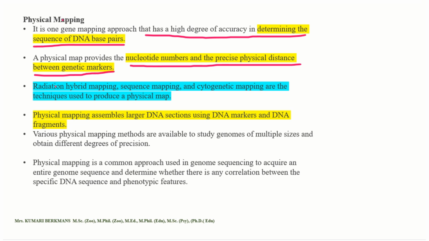Okay, and the radiation hybrid mapping, sequence mapping, and cytogenetic mapping are the techniques used to produce the physical map. So what are the techniques used to produce the physical map? Radiation hybrid mapping, sequence mapping, cytogenetic mapping, these are the techniques.